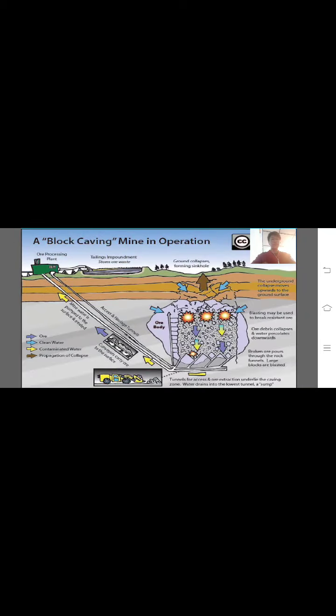The block caving method is often used to continue mining after open pit mining becomes uneconomic or impossible. Here is a picture of how the block caving method is carried out. It's clearly shown here.